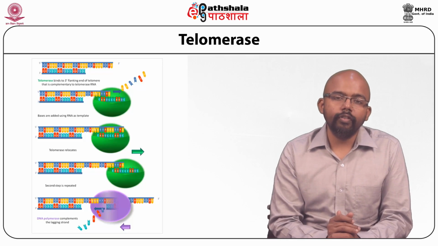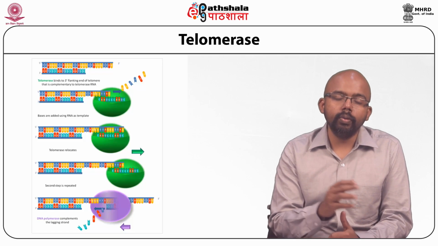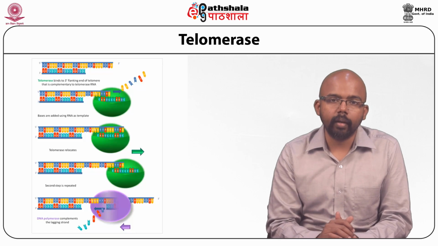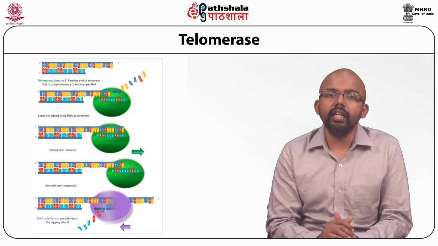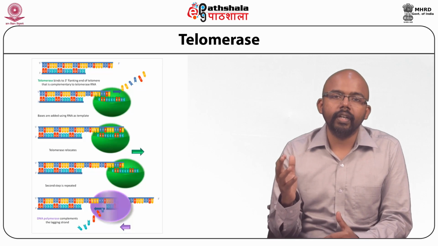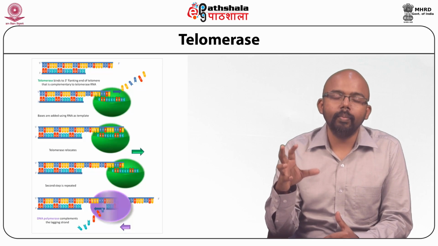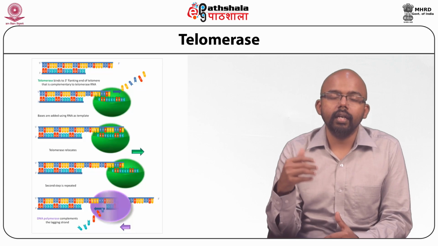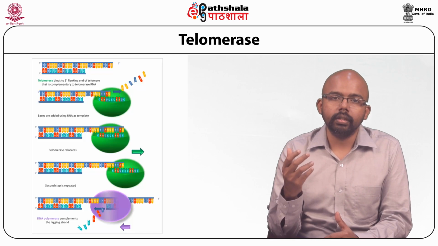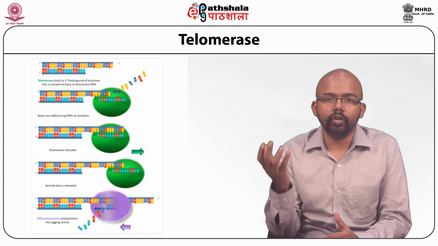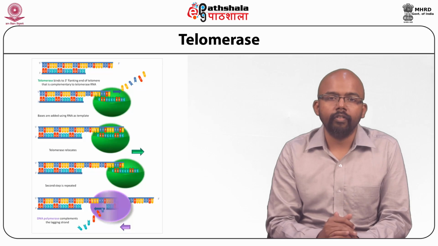However, towards the end of the chromosome, the last Okazaki fragment will not have any template ahead of it, so that you can have a DNA polymerase to replace the RNA primer by DNA. So what happens? You have an overhang at the ends of the chromosomes, which is depicted in the figure.